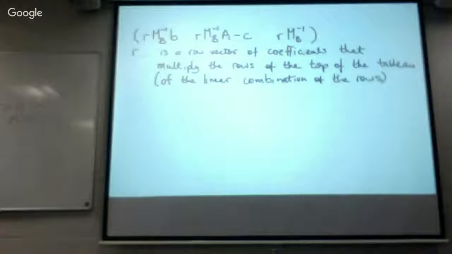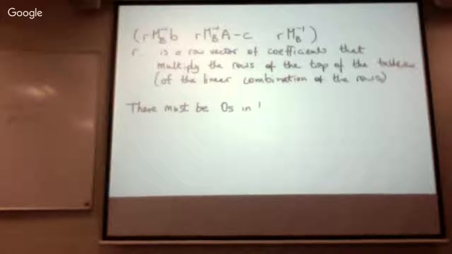But we can find out, and the way we find out is similar to the way we found out what the matrix was last week. We start from the property that in the basic variable columns you have to have zeros.